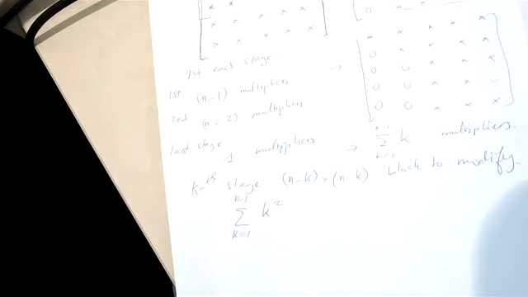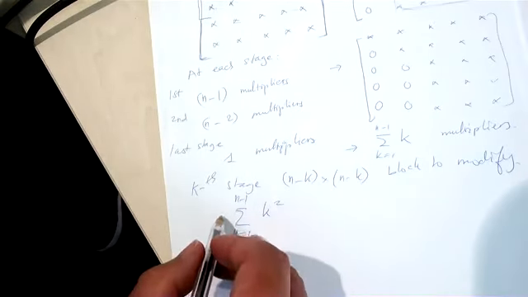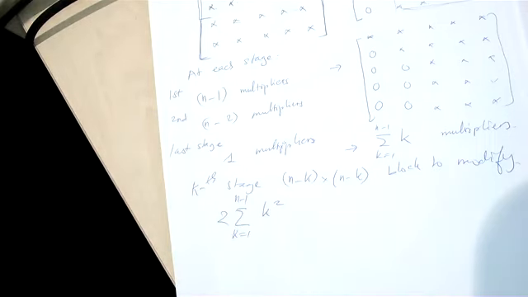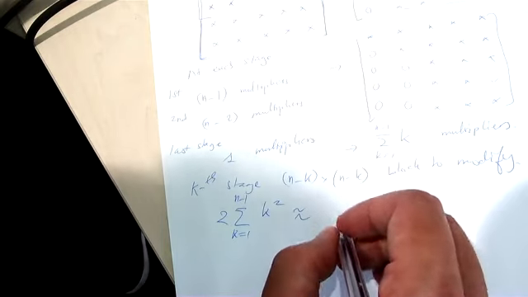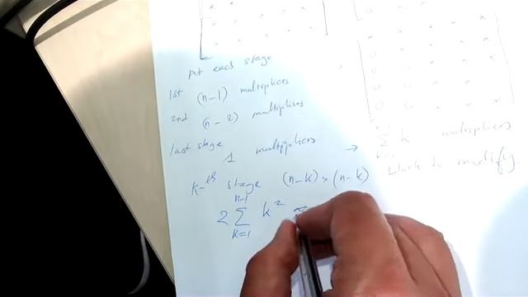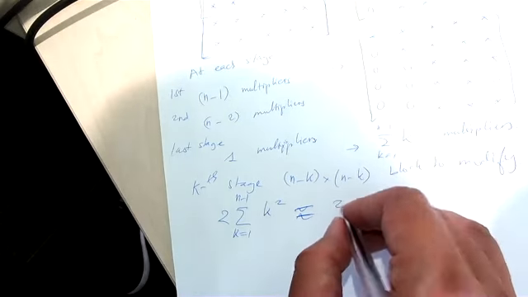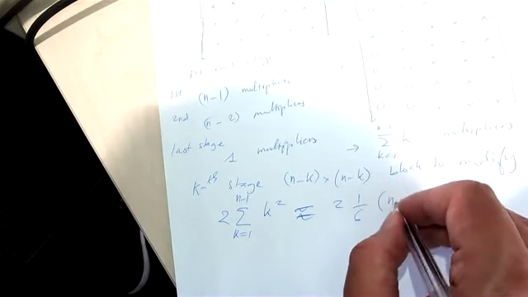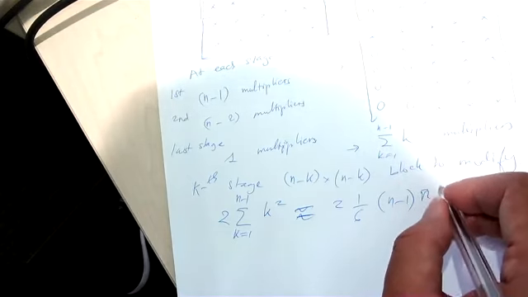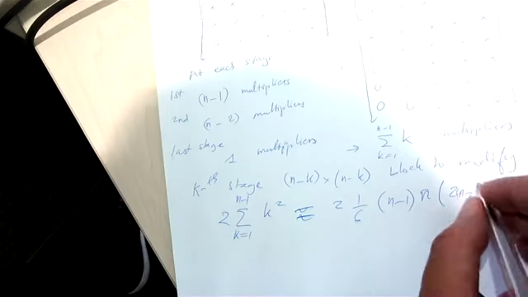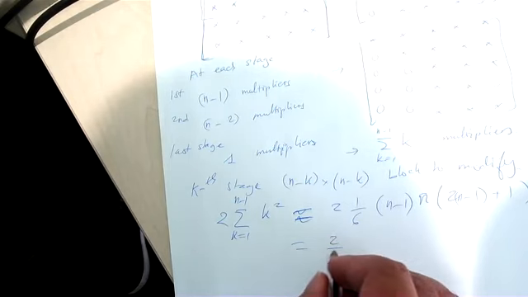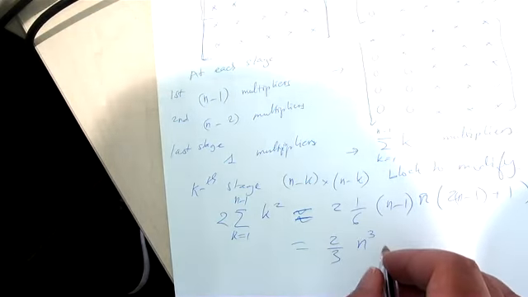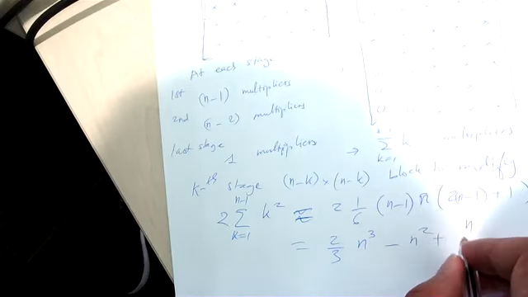I can suppose I multiply and then add, so it could be 2 for each entry. And then I just sum it up. There's an exact formula for this. It will be 2 times 1 over 6 times n minus 1 times n times 2n minus 1 plus 1. But after you simplify this formula, it's about 2n cubed over 3 minus n squared plus n over 3.